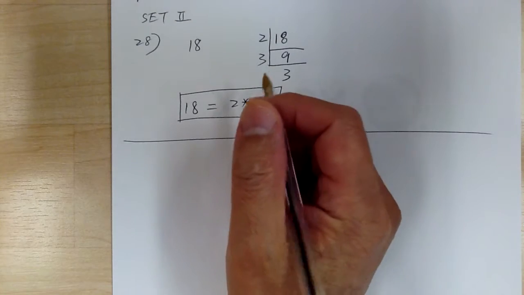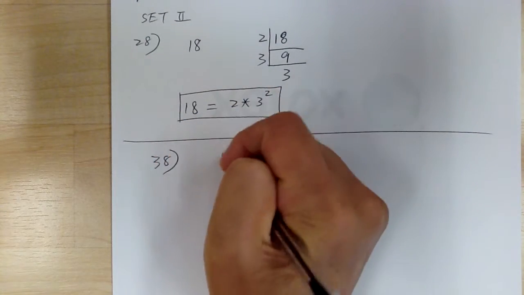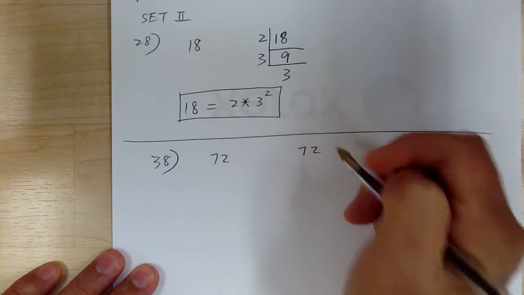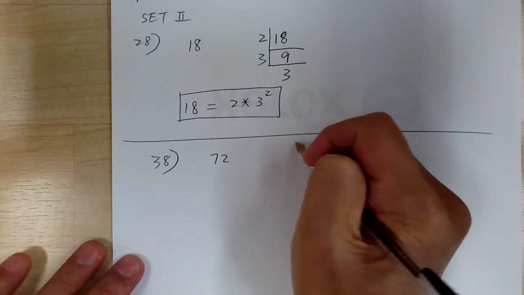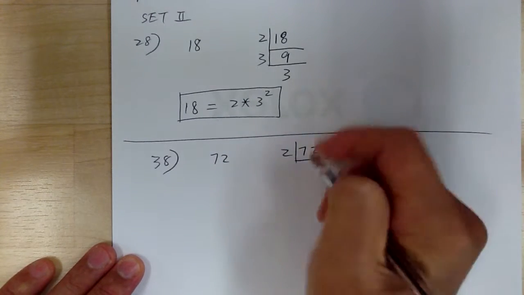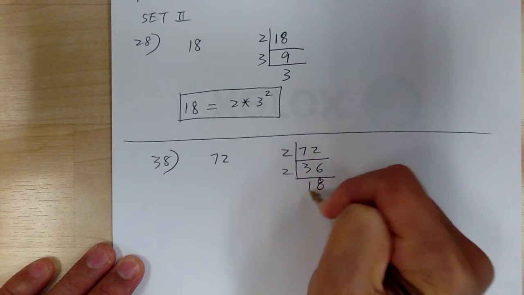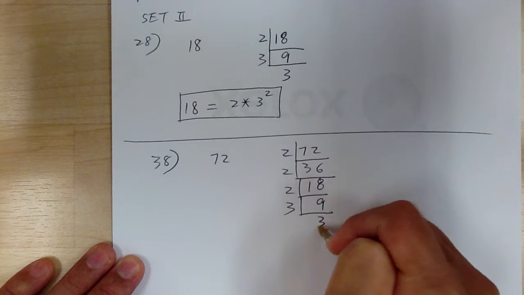Okay, let's go ahead and do number 38. So you have 72. So again, you break it down. You always start with the lowest number, and you keep trying it until you cannot do it any longer. Okay, so divide by 2, you get 36. Divide by 2, you get 18. Divide by 2, you get 9. Divide by 3, you get 3.